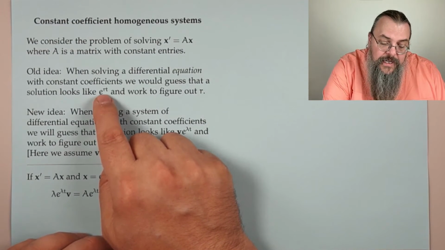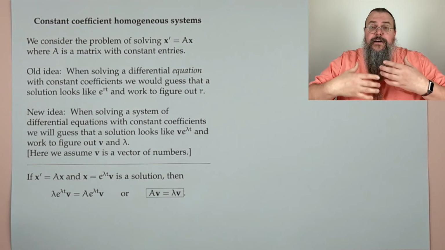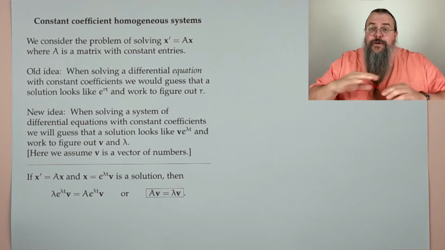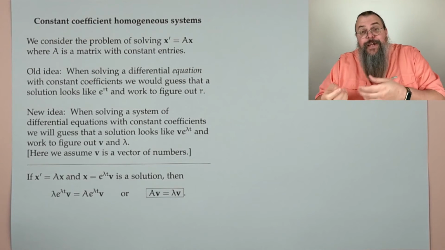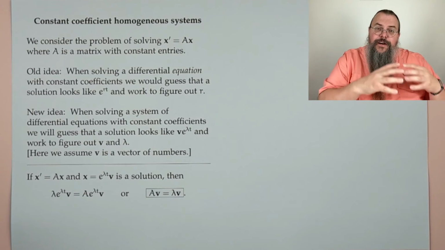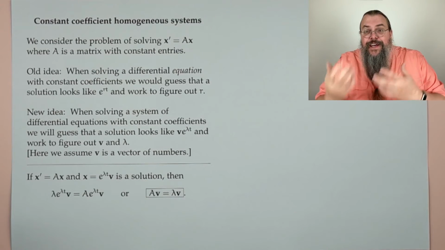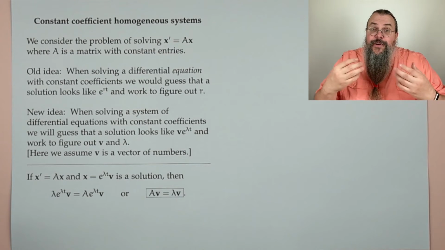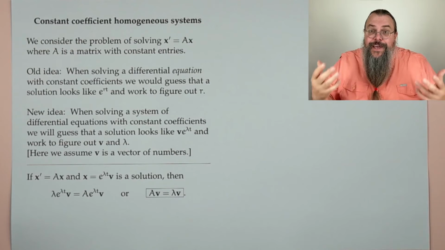We would plug in e to the rt. That would lead us to a characteristic equation, in other words, a polynomial only involving r, and then we'd have to figure out what r is. So it was turning it into an algebra problem. But the key here is we guessed exponential. So if it worked once, why not have it work again?